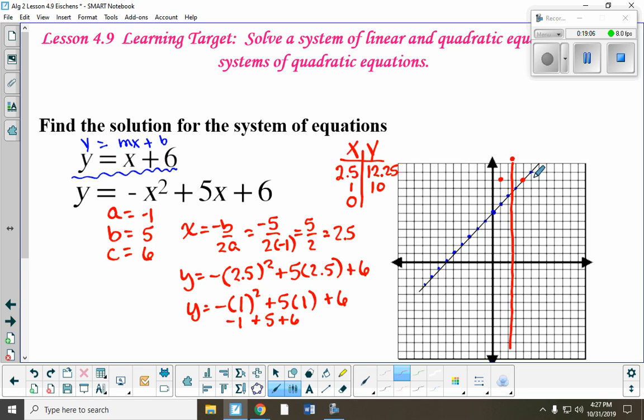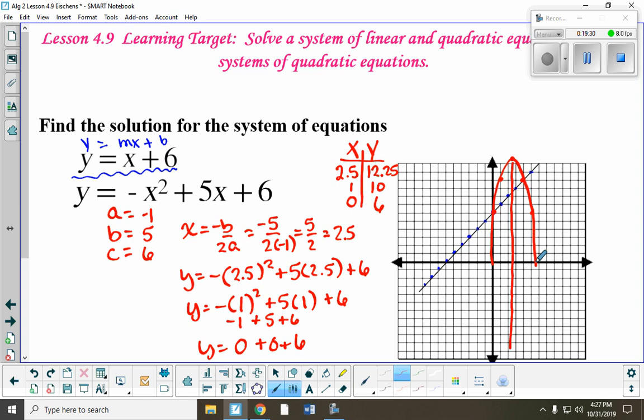All right, and then we'll also substitute in 0. So 0 squared plus 5 times 0 plus 6, we have 6. 1, 2, 3, 4, 5, 6, and reflect that over. So this one looks like this.